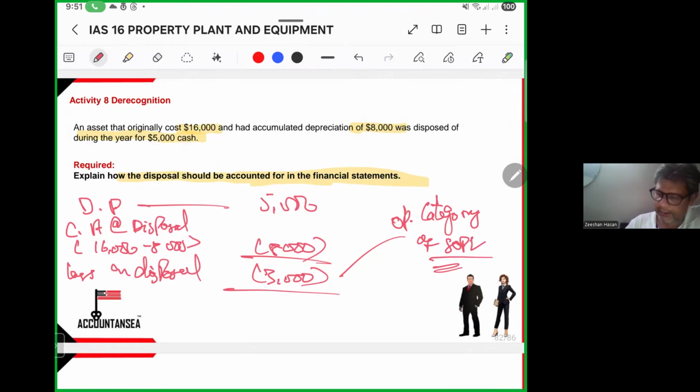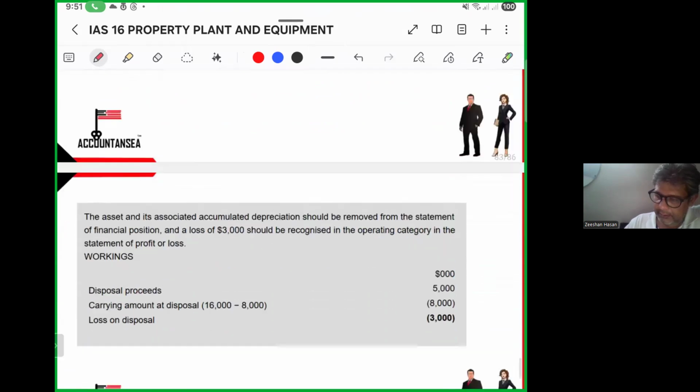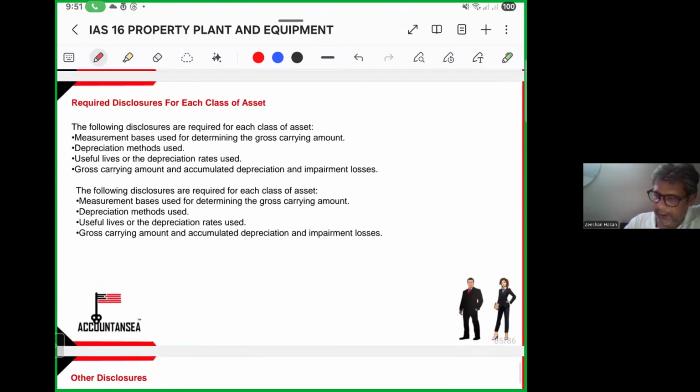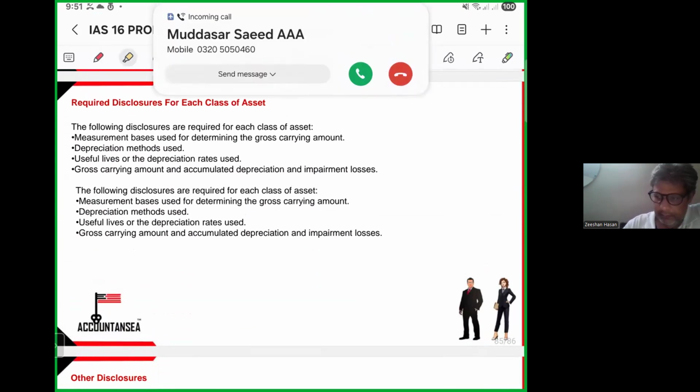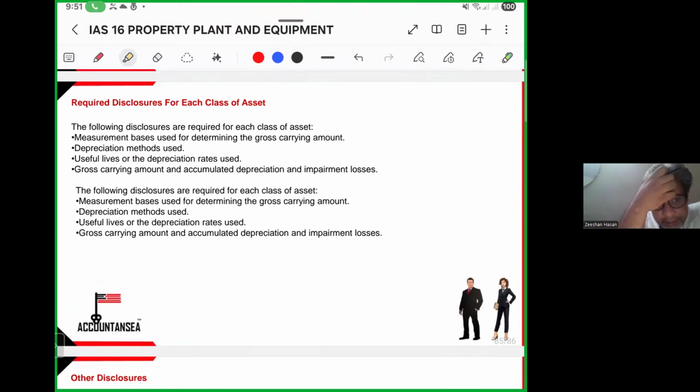Now, what are the disclosures required? Disclosures are required for each class of asset.